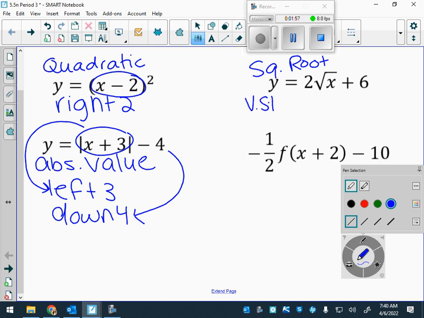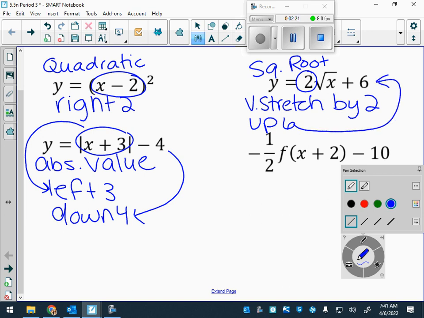Excellent. Vertical stretch by 2 and then up 6. So a number in front of your function is either going to be a stretch, a compression, or something we see in the next one. Again, outside the radical here moves it up 6.